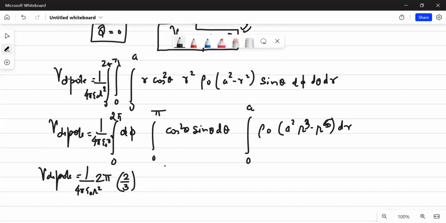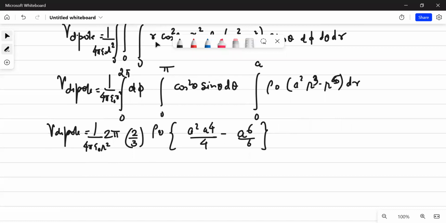This is understood. And this integral will be rho naught, here you will have, and then you have this a square r cube dr. How much will a square r cube become? This will be a square, this will be a to the power 4 upon 4, and then minus a to the power 6 upon 6, right? This is clear.